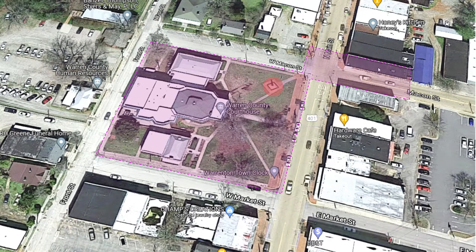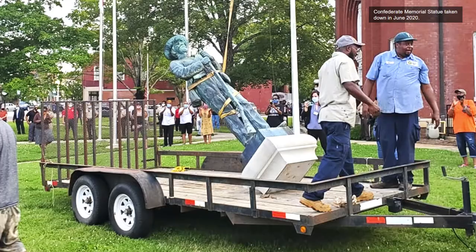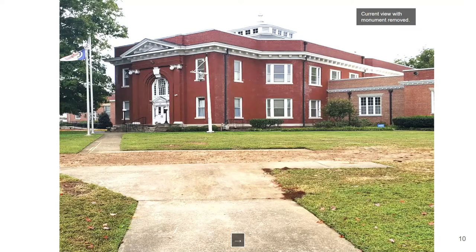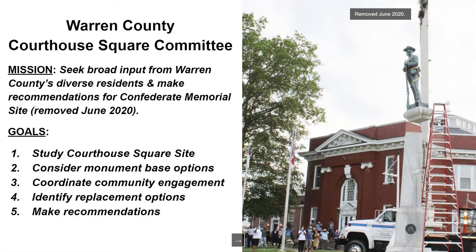There's a vacant lot here that we looked at, trying to activate through our designs as well. Here we show the monument being removed, and then the base being removed later on, and what we currently have now, the courthouse with the Confederate monument removed.